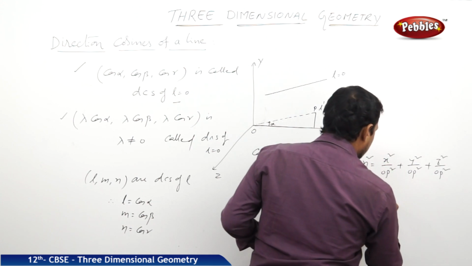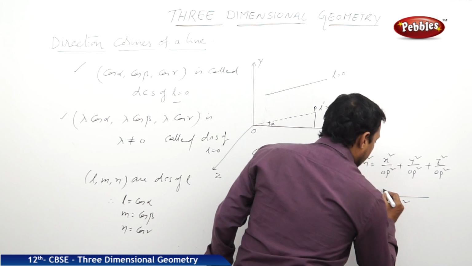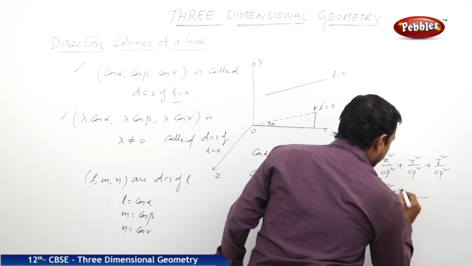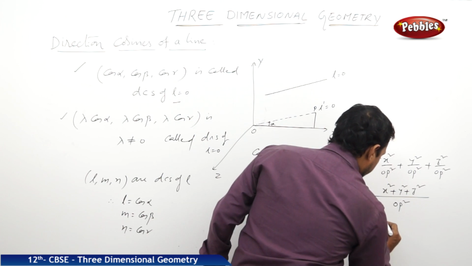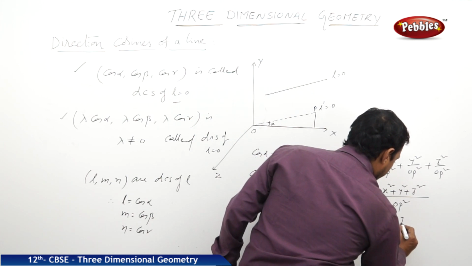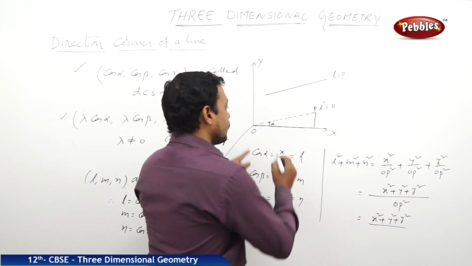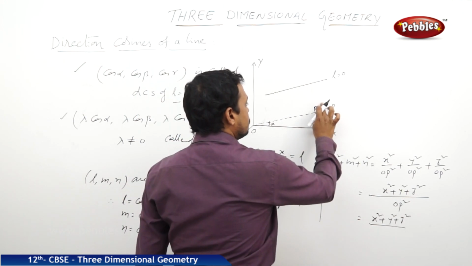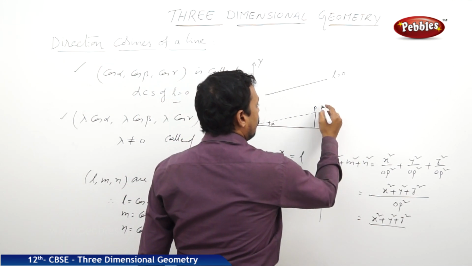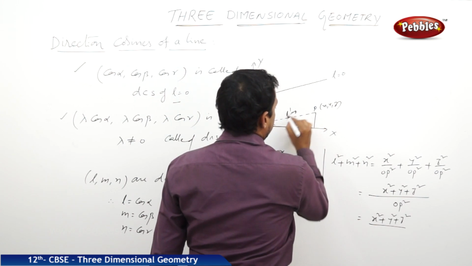See here, the denominator is common, that is OP square, and the numerator is x square plus y square plus z square. What is OP square? It is the distance of the point from the origin. Here the point P has coordinates x, y, z, and it is a point on the line L dash.